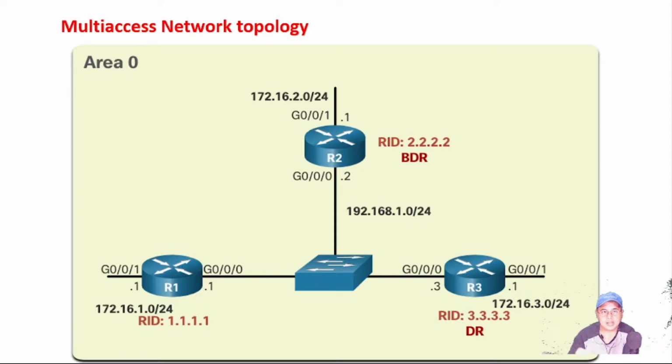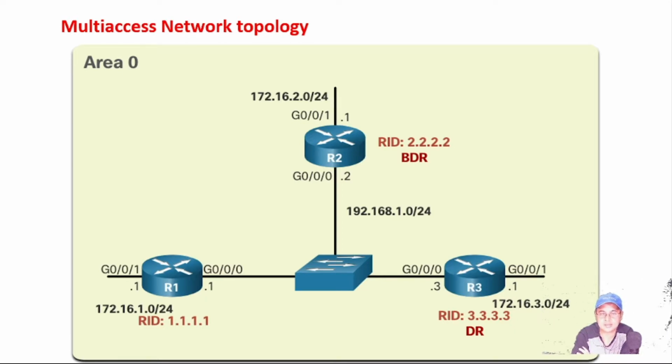So this is the multi-access network topology that we're going to use. If you notice, these three routers, R1, R2, R3, are connected to a common network, 192.168.1.0/24. And each was assigned a router ID. Usually, the router ID is assigned as a 32-bit dotted decimal.